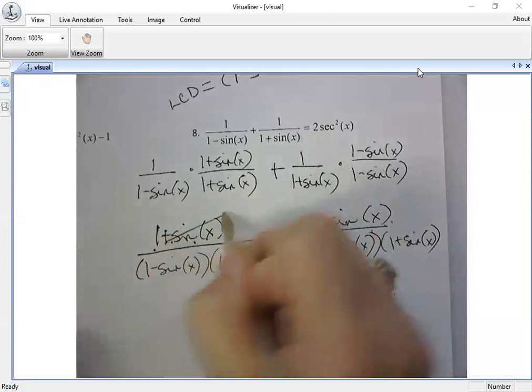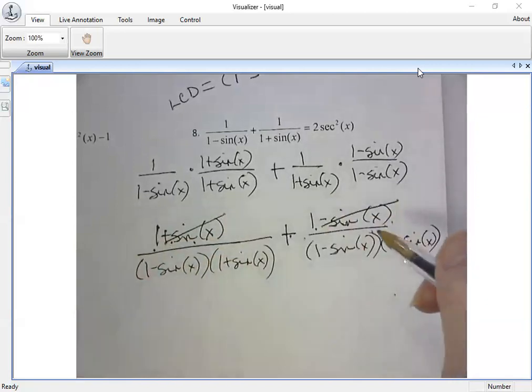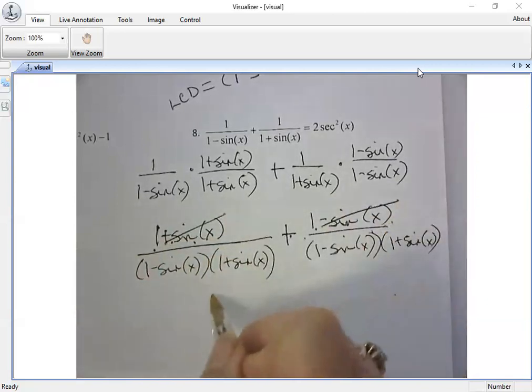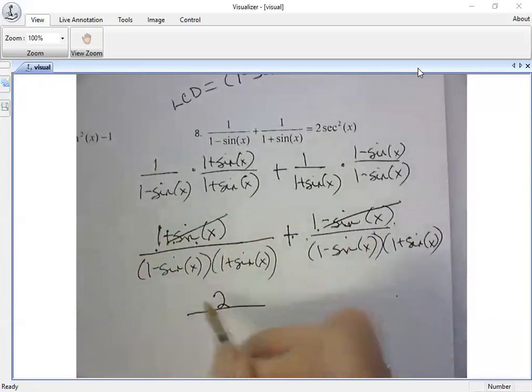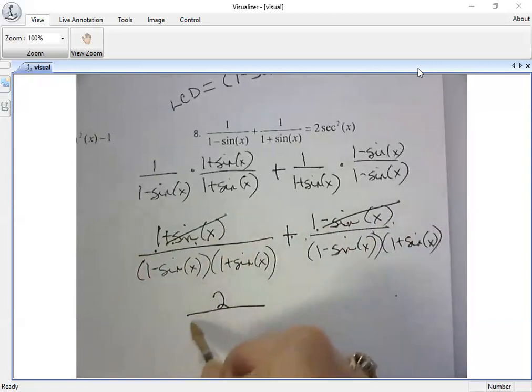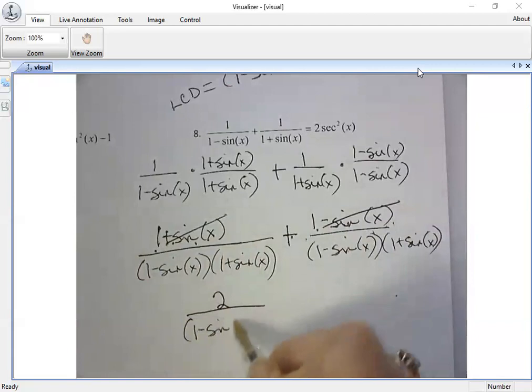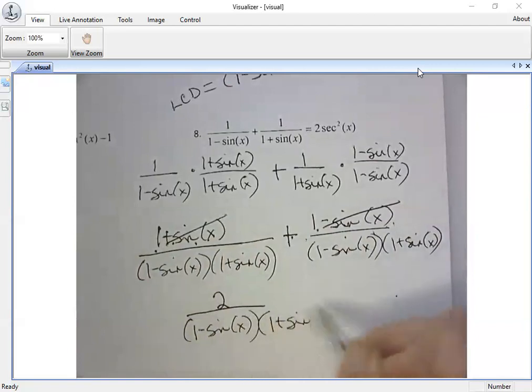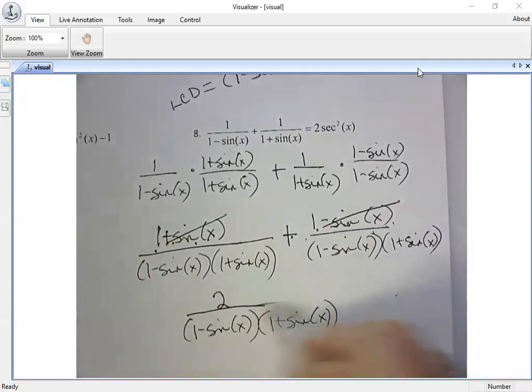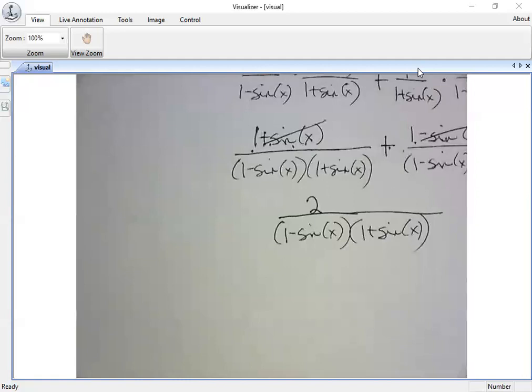They cancel, but do the ones cancel? So 1 plus 1 is 2 over, now that denominator is 1 minus sine of angle x times 1 plus sine of angle x. And I'm thinking at this point, there might be an advantage if I actually multiply these two together. Because what will that give me if I multiply them together?